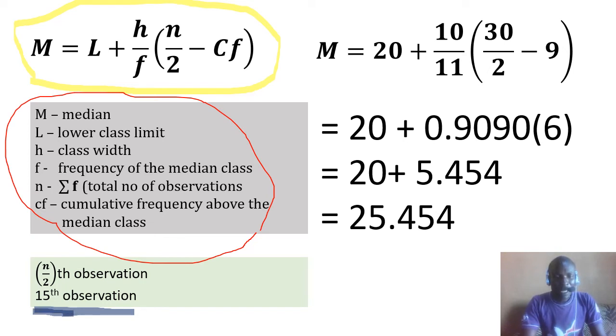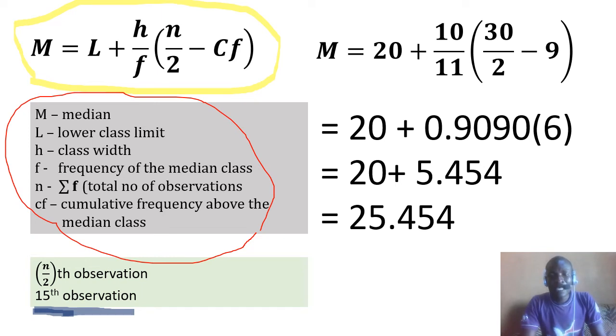Once you get the 15th observation, we are going to look up into the cumulative frequency distribution table. Check under the cumulative frequency column. Those numbers have been arranged from 2 all the way to 30. Using that information, we'll be able to find the location of our median class.